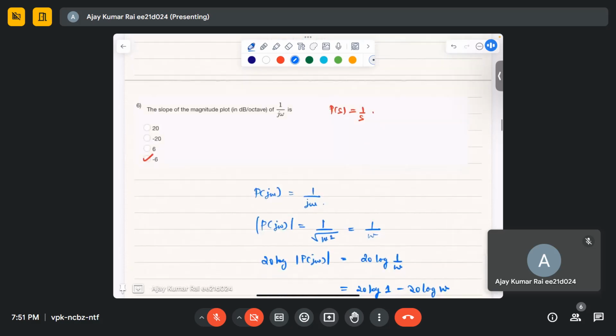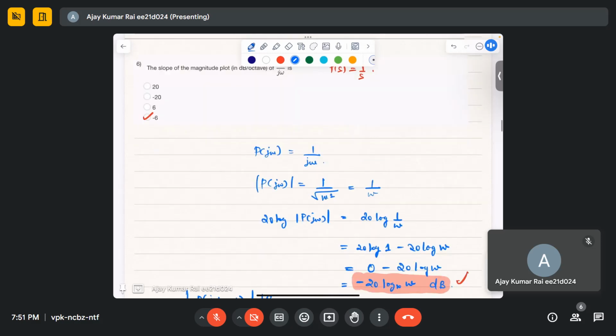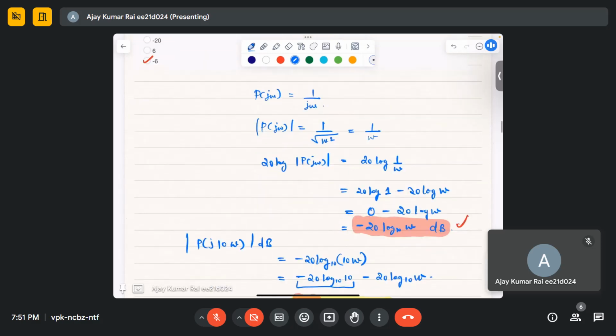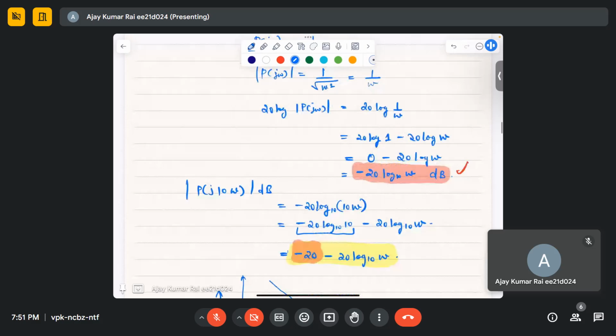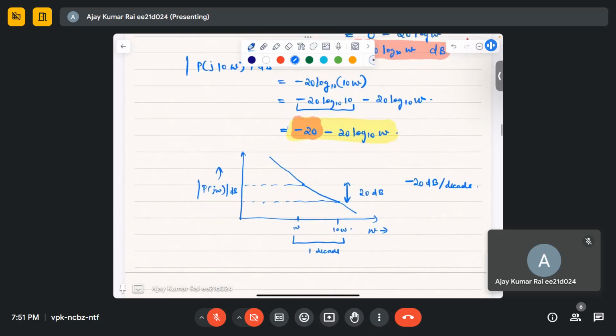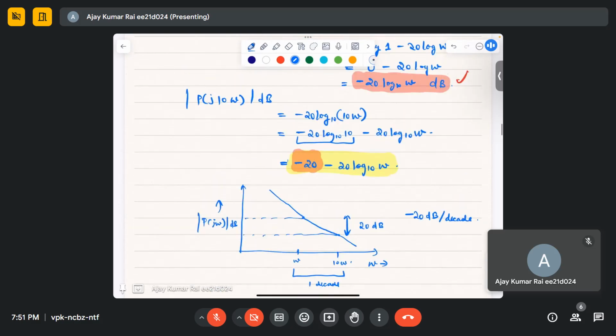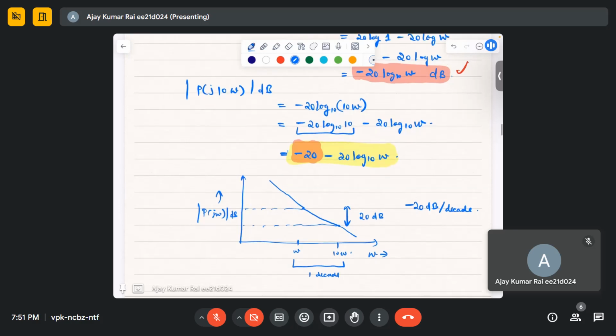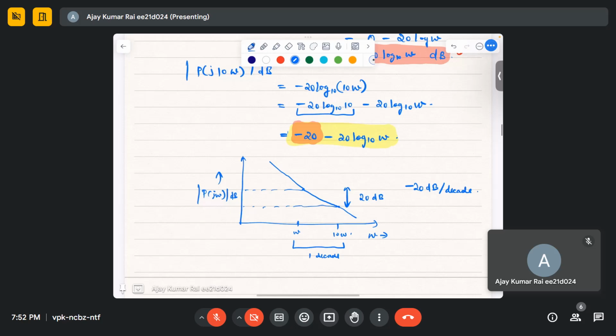Again, for the slope of magnitude, we have seen this type of function. We have to find the magnitude, 20 log of this. And how to find the slope? We take the magnitude at 10 times that particular omega, and we see whether the magnitude is increasing or decreasing, and by what value. Here in this case it was decreasing by 20 dB, so that's why we said the slope is 20 dB per decade.